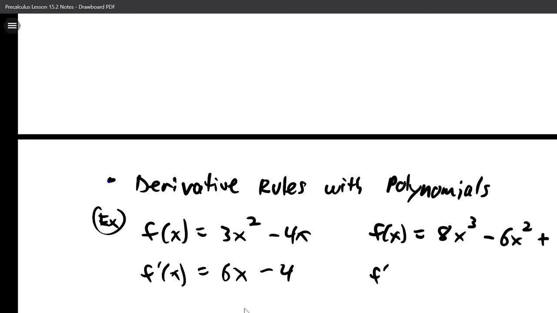Check out what we get for our derivative. We get 24x squared minus 12x plus 5. Do you see the pattern yet?